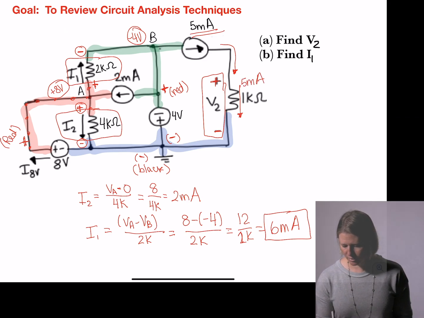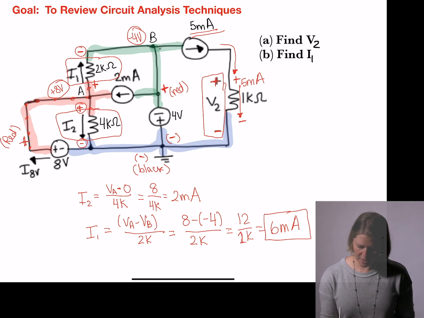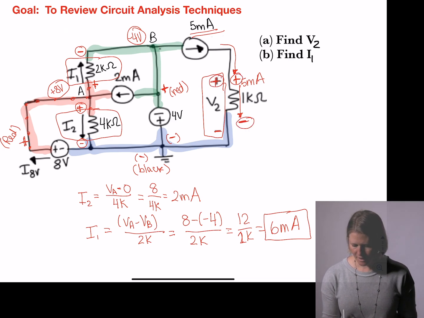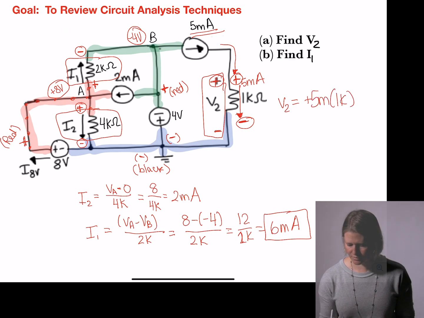So that means that going through V2, I have 5 milliamps, and the polarity is, the negative is always on the arrow side, and so it has the same polarity as my V2. So it's going to be a plus 5 milli times 1K to give me a value for V2 of 5 volts.